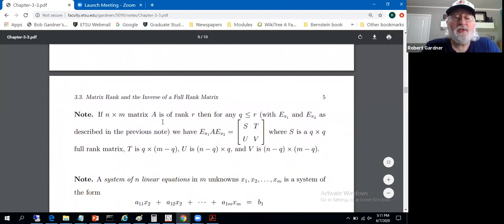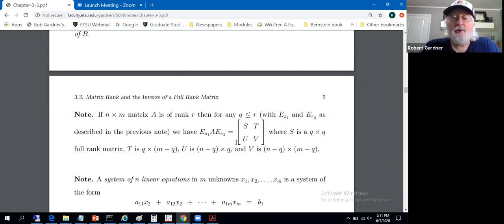If an n by m matrix A is of rank R, then for any Q less than or equal to the rank, we can use these permutation matrices as described above to produce out of matrix A a matrix which can be partitioned, where S is a Q by Q full rank matrix. So what we did is pull Q of the linearly independent rows up to the top and Q of the linearly independent columns over to the left.